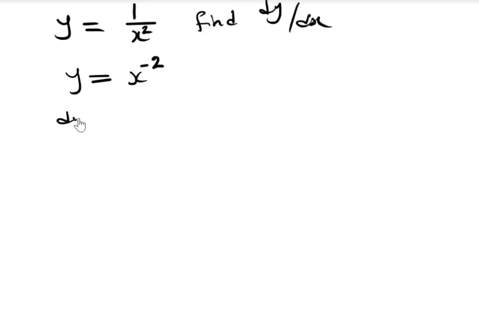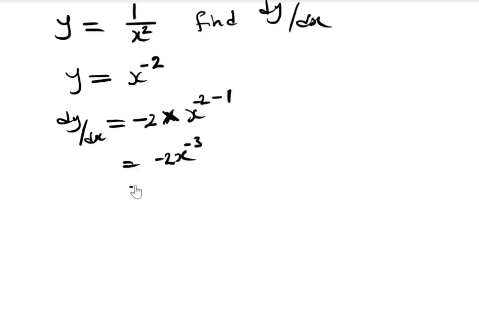And we can say that our dy/dx is equal to, the power of x here is minus 2, which is minus 2 multiplied by x^(-2-1). And this is equal to minus 2x^(-3), since minus 2 minus 1 will give me minus 3.